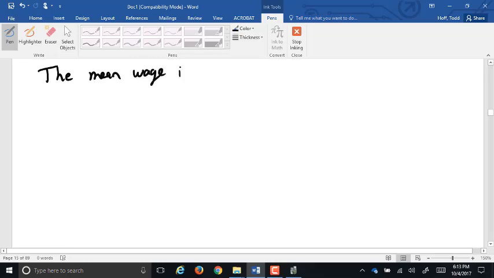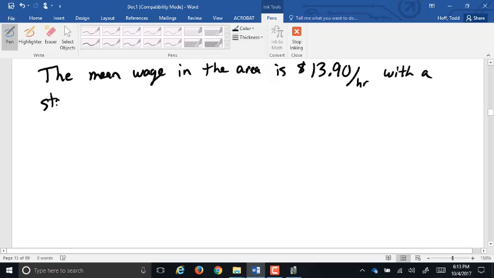The mean wage in the area is $13.90 per hour, with a standard deviation of $1.80 per hour.